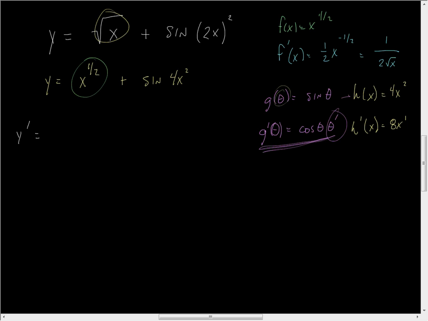Y prime is going to equal the derivative of root x. We found that out to be 1 over 2 root x. So this is going to be 1 over 2 root x plus. Remember, because derivatives add. And so now, the derivative of sine of 2x quantity squared is equal to the derivative of the outer thing, that g prime of theta, which is cosine of that stuff.